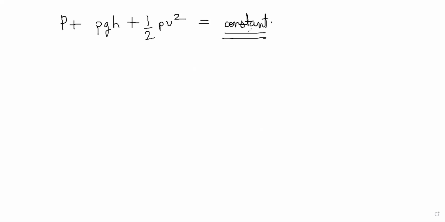In case A2 by A1 is too small and can be ignored, then the equation becomes v2 square is equal to 2gh, and v2 is equal to root 2gh, which is almost like saying water is freely falling, correct?